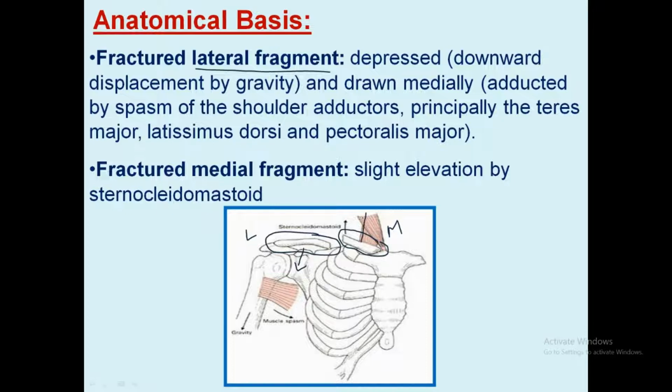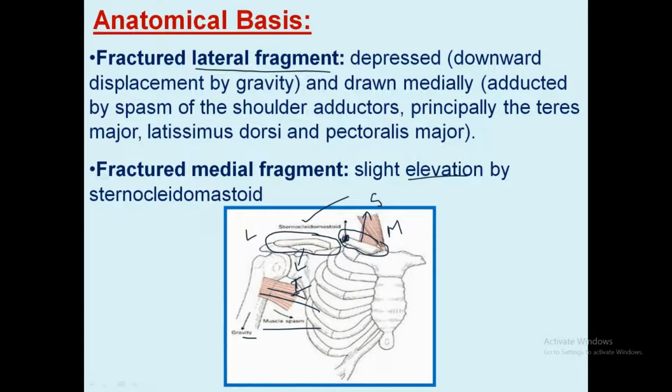The medial fragment is displaced upwards, superiorly. There is a slight elevation by the sternocleidomastoid, and here it is displaced inferiorly downwards. And medially, there is muscle spasm.